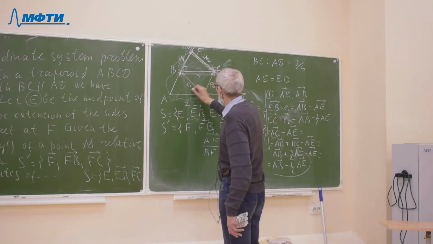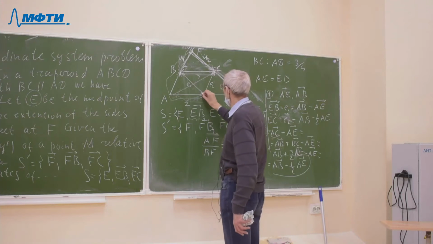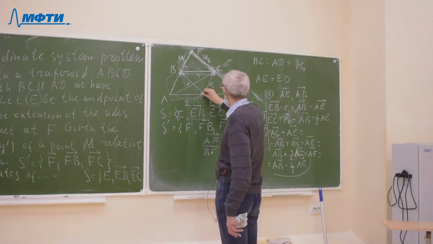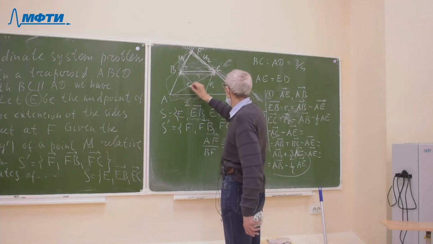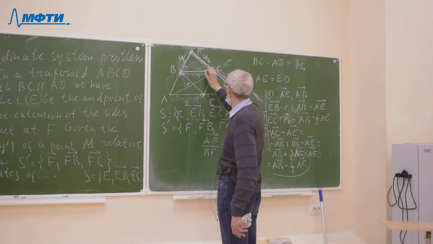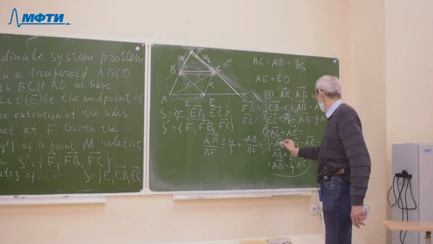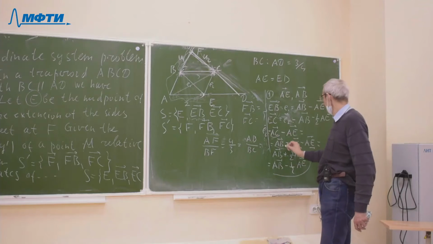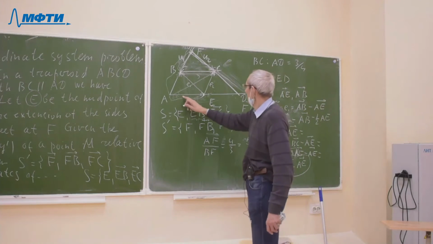This vector is a difference, this one minus this one. But AC is the sum AB plus BC. AC, AB plus BC minus AE.